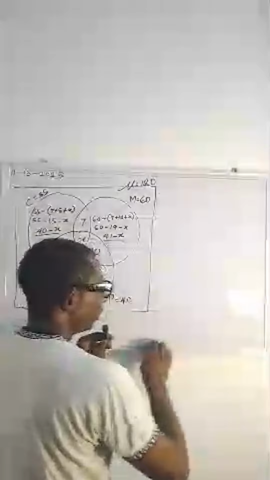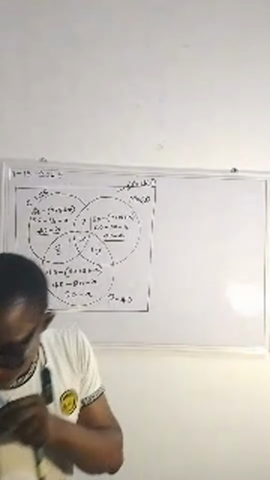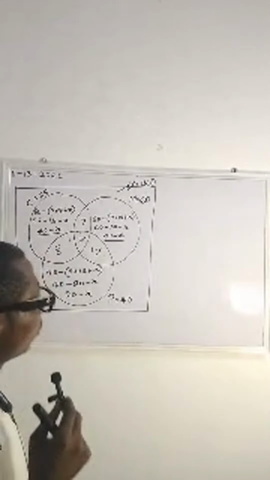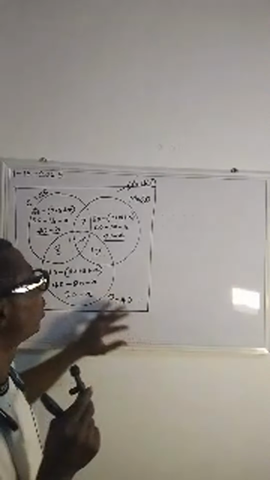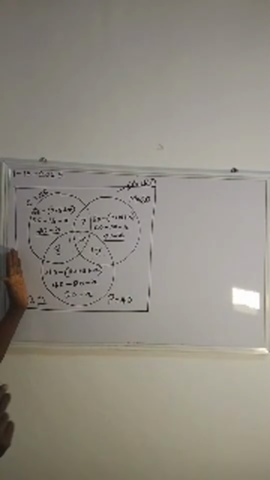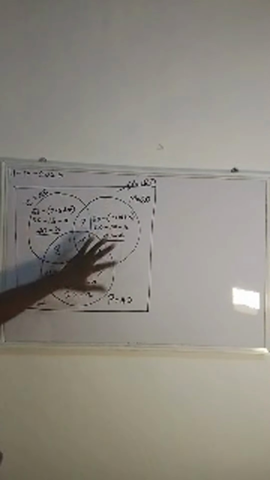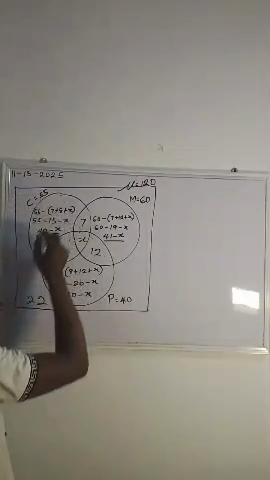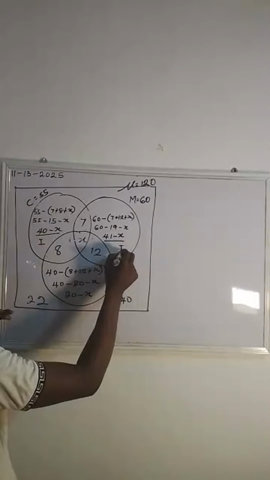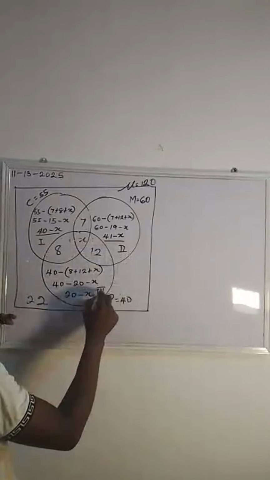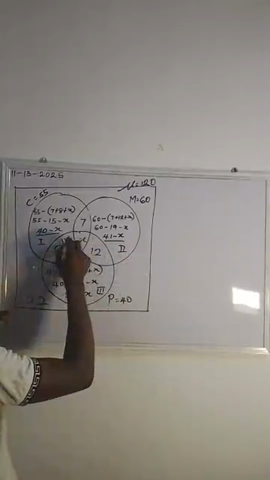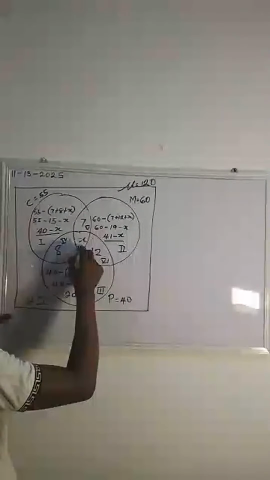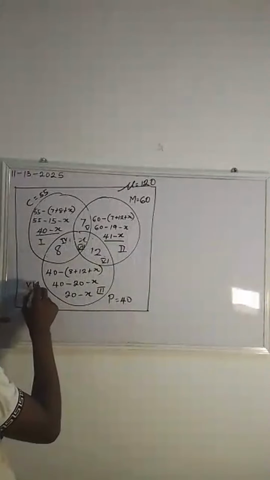If you are just joining, we are solving our problem under application of Venn diagram to 3 subsets. So we are adding the 8 parts: part 1, part 2, part 3, part 4, part 5, part 6, part 7, and part 8.